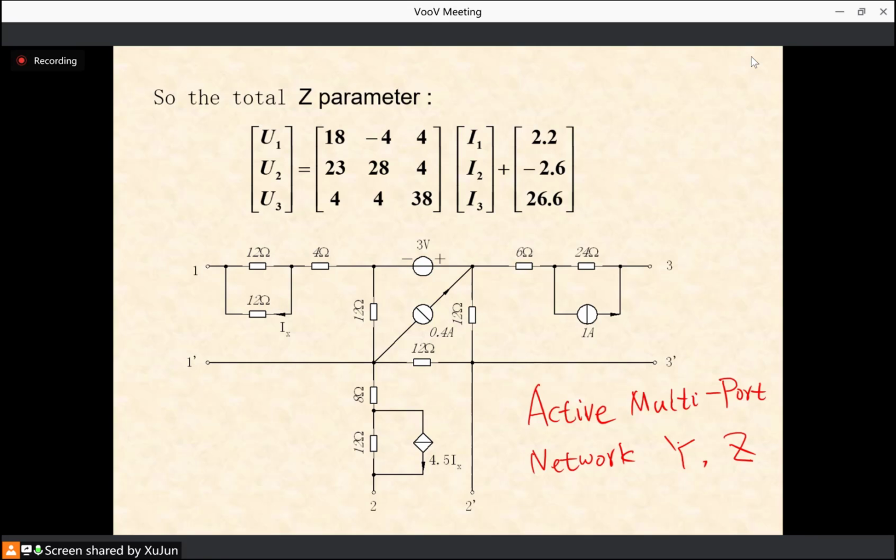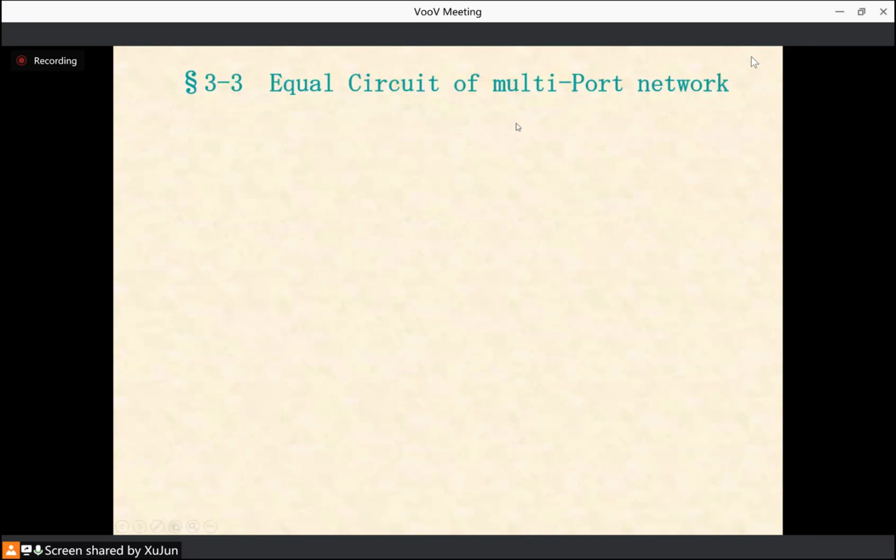For this YZ parameter, the Z parameter includes the UOC. If asked to calculate the Y parameter, it will include the ISC. So you can try to learn how to calculate this network's Y parameter. Please calculate it yourself. Next, the equivalent circuit of the multi-port network.